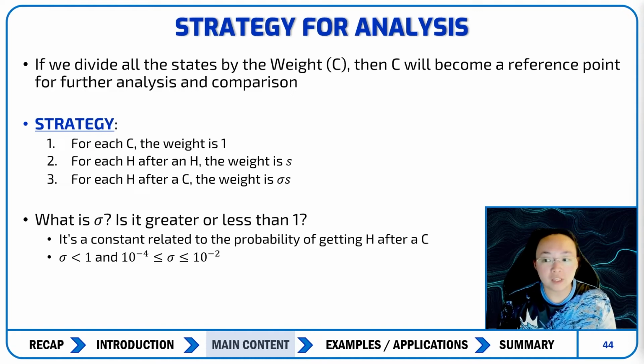So if we think about it, we looked at a helix coil transition before. The chances of getting a helix state after another helix or a coil state is different. So we have to differentiate the two of them. The chances of getting an H after a coil state is going to be lower than the chances of getting a helix state after a helix state.